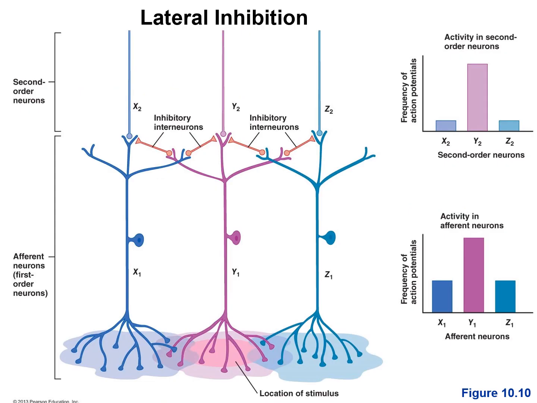All right, so we've got some sensory neurons in the skin, and we've got this area, this pink circle, where we're going to be touching the skin. And notice that there's some overlap here on the sides with these 2 neurons that are kind of in blue. But we're going to be stimulating this neuron in the middle the most, okay, because we've got more of these sensory receptors in the middle that we're going to be stimulating.